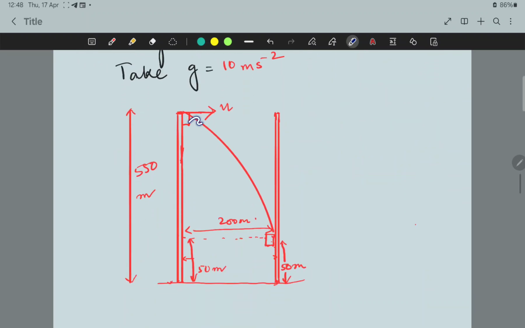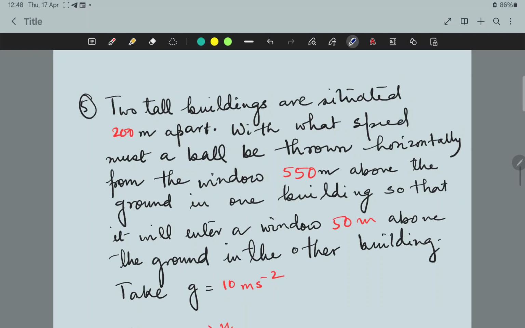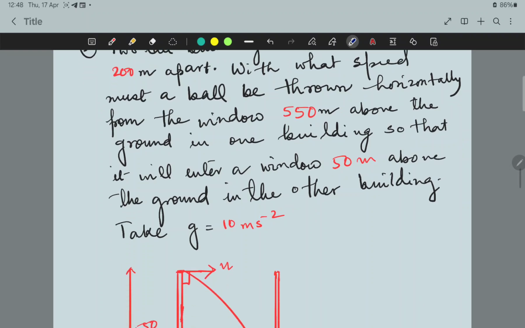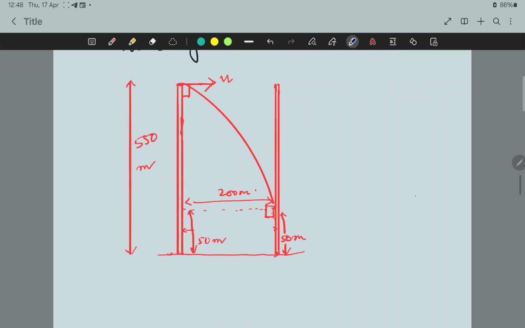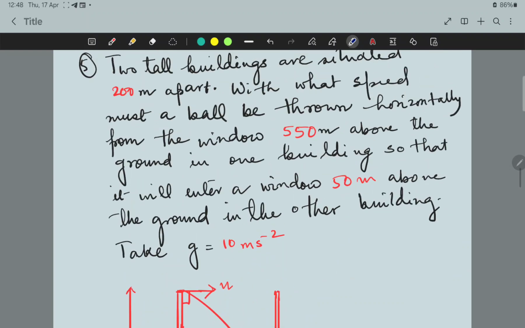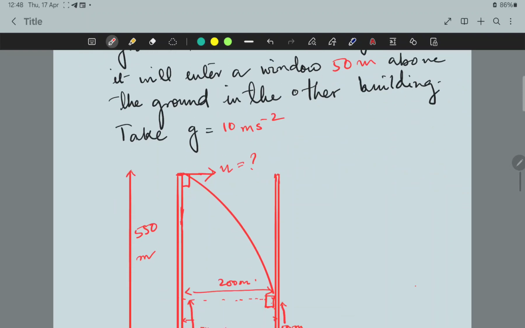Now the throwing point is 550 meter from the ground, and the ball drops, that is its target point is another window which is 50 meter above the ground in the other building. So we can see the other building and the target window is this, which is 50 meter from the ground. So we need to find this speed, which is unknown to us.